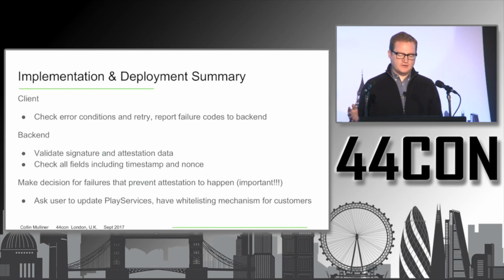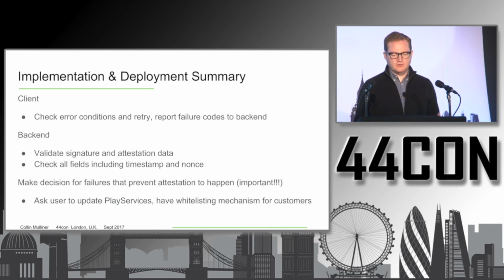You have to decide if you're going to ask users to update their Play services, and you may want to think about whitelisting certain customers, users, or kinds of devices that are not able to update something.